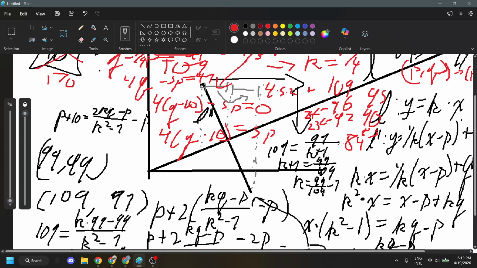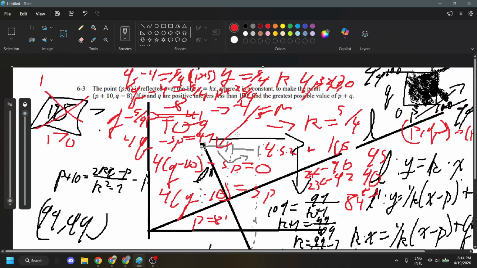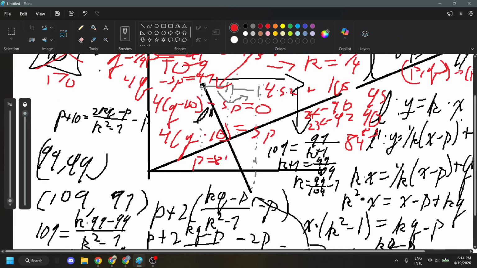No, that's a lie. So if we have P is equal to 84, that means that Q, but we can't have 109, we need to have 105. So we have 84, and P is equal to 84, Q is equal to 95.